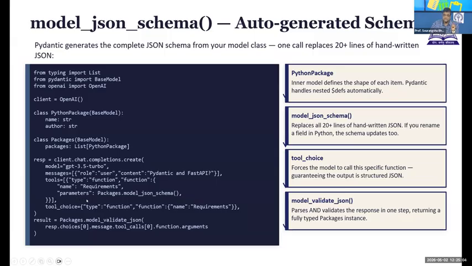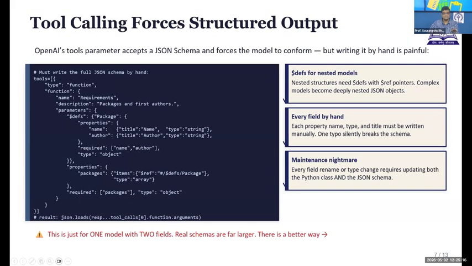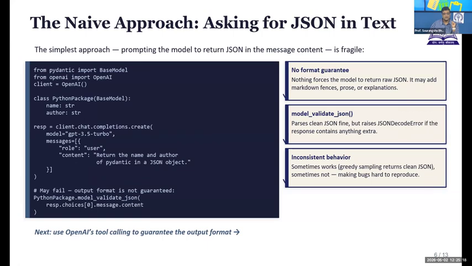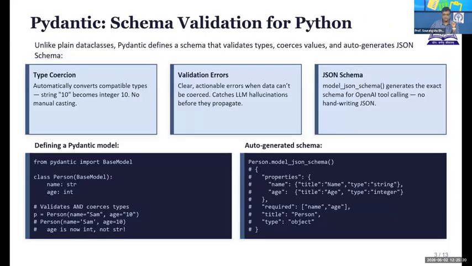In the tools definition step, you simply say packages dot model JSON schema. You see, you have defined the JSON model. The schema is supposed to be extremely complicated, something like this, but it is basically generating this schema all by itself, and there is no error.